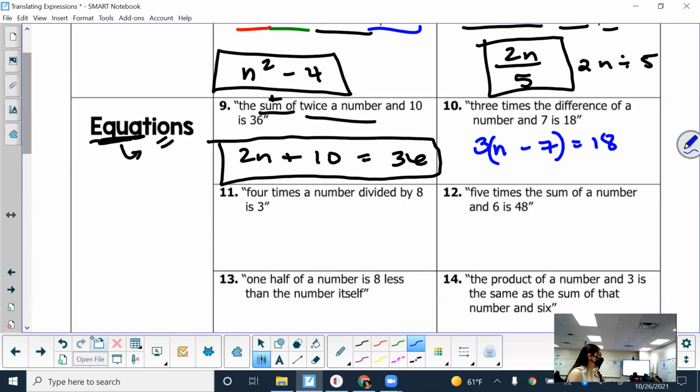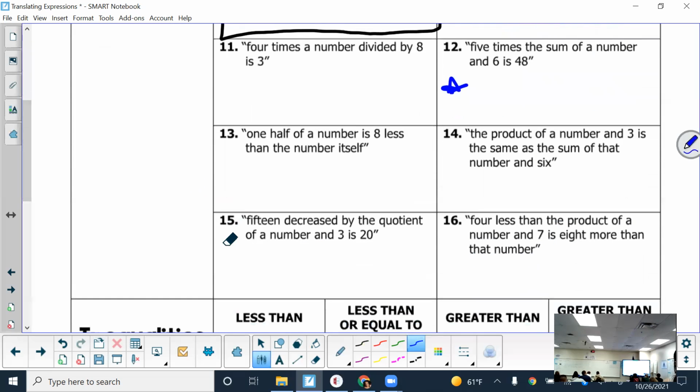All right, a couple for you to try. I'll have you guys try number 12. Number 15. And 13.